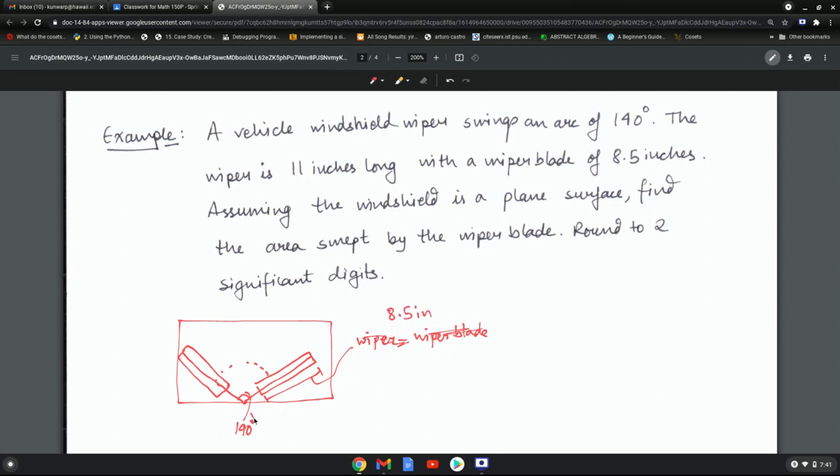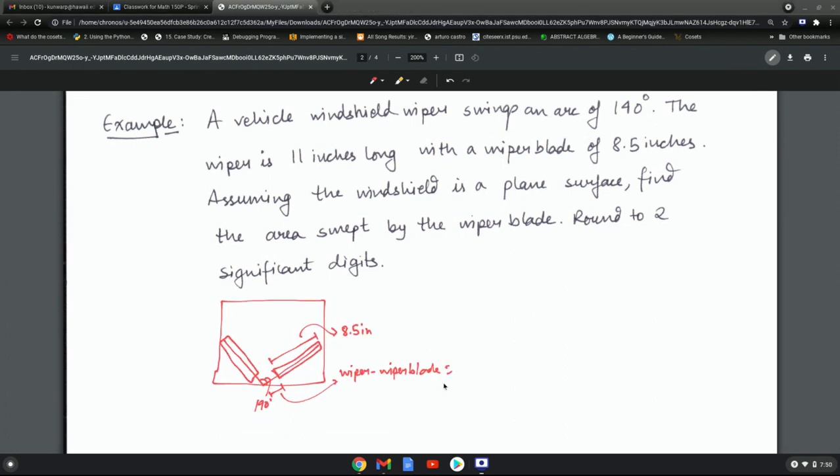And this part here is going to be wiper minus wiper blade, which we have the values for. So it's 11 minus 8.5, which is 2.5 inches.